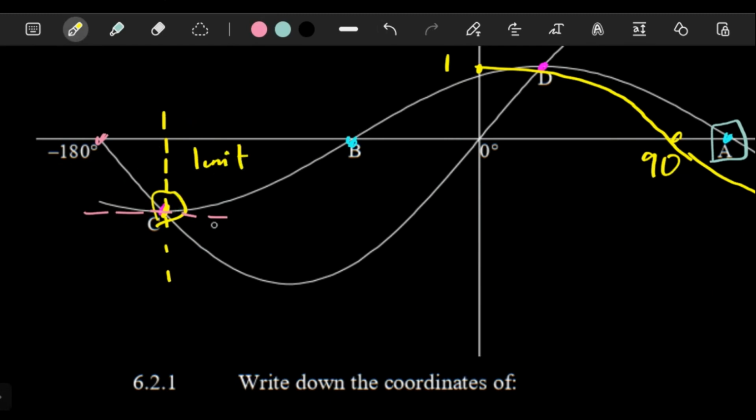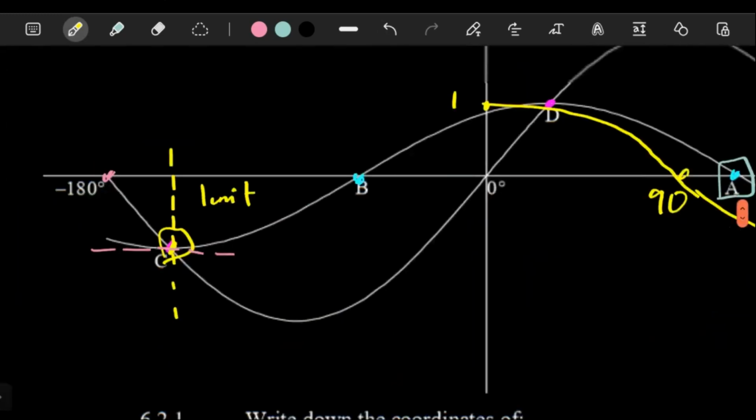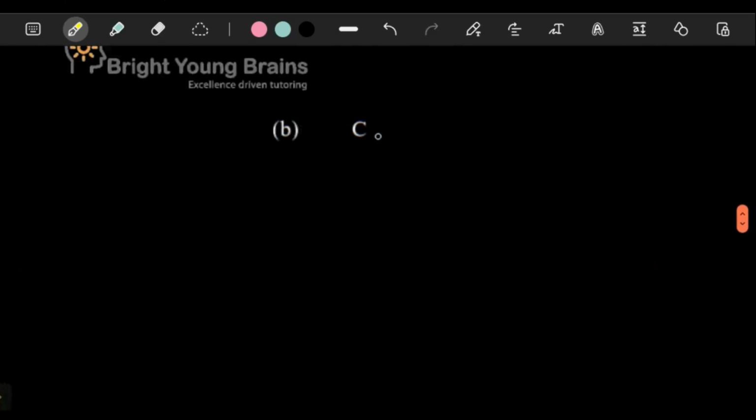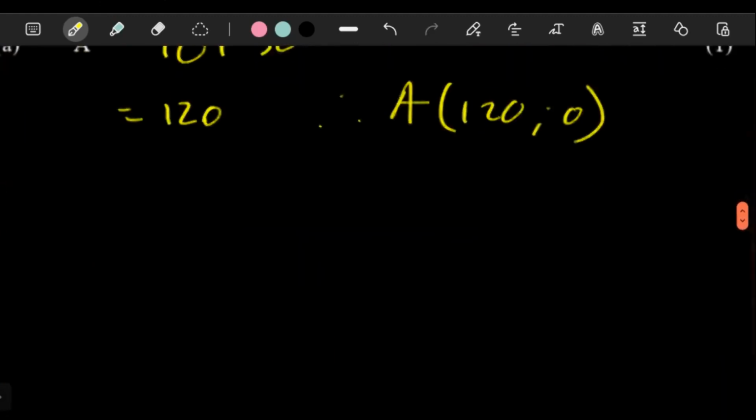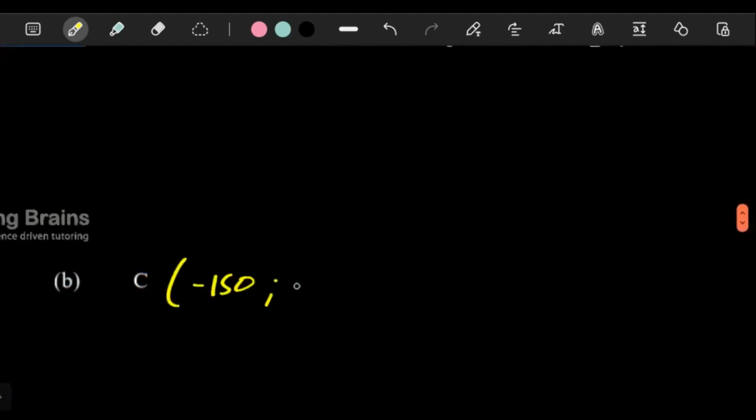And remember, this graph would have been turning somewhere at negative 180, but it was moved 30 to the right. So negative 180 moved 30 to the right gives negative 150. The y value is still negative 1.